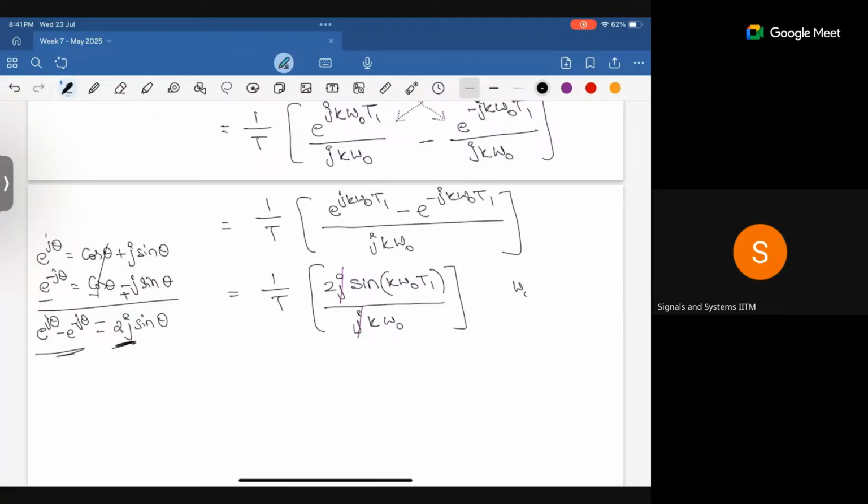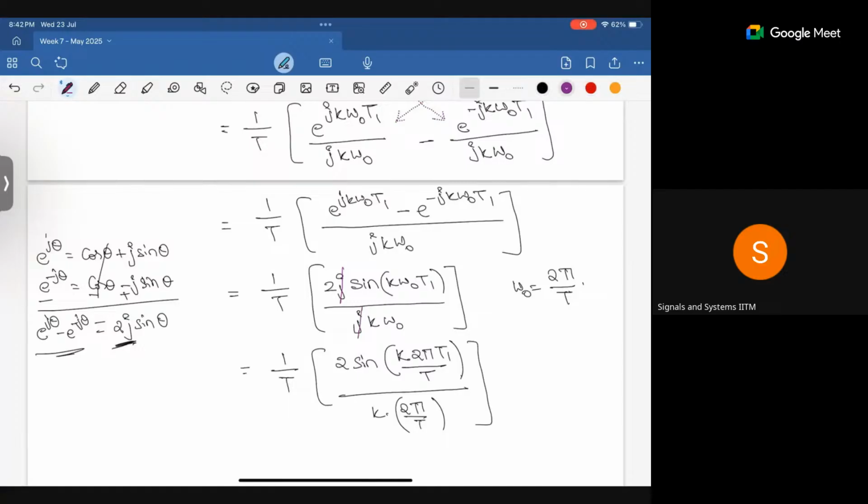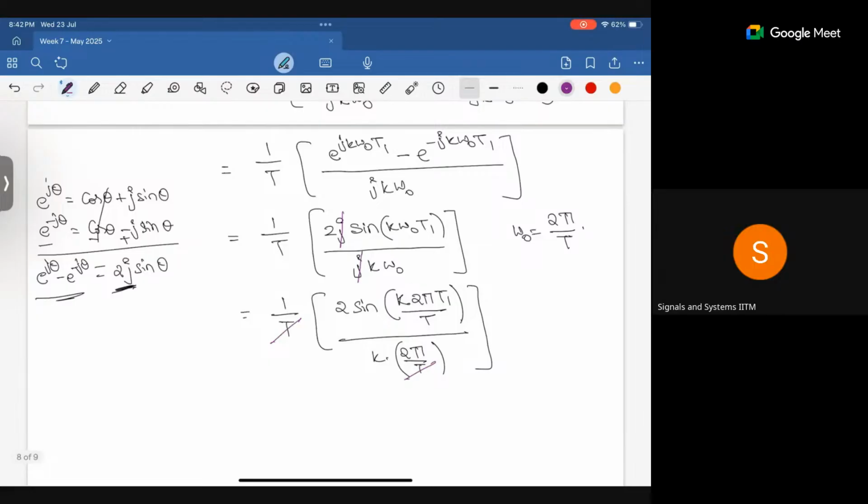So we just substitute omega equals 2 pi by T. This will give us 1 by T into 2 sine k 2 pi T1 by T divided by k into 2 pi by T. Now again, if you observe, this T and this T will get cancelled out. 2 and 2 will get cancelled out.